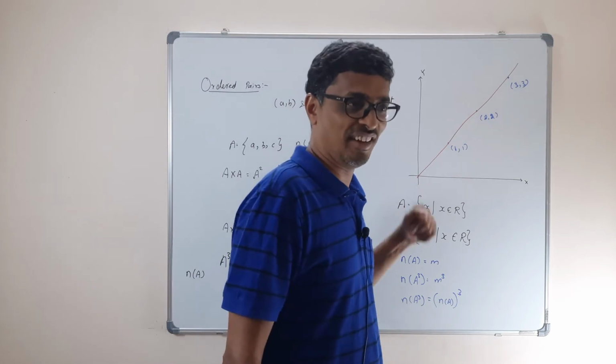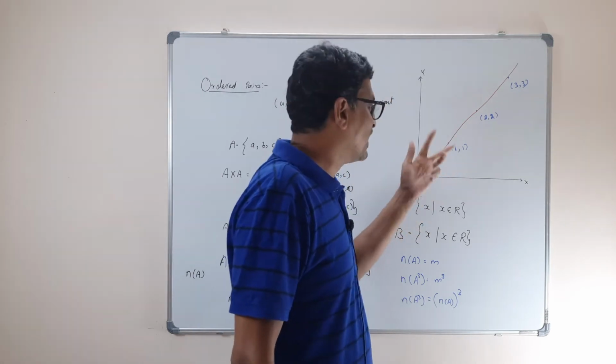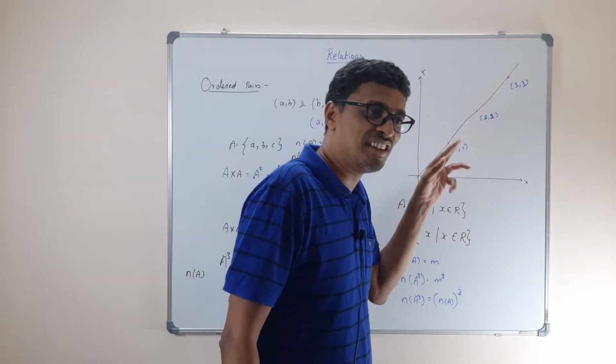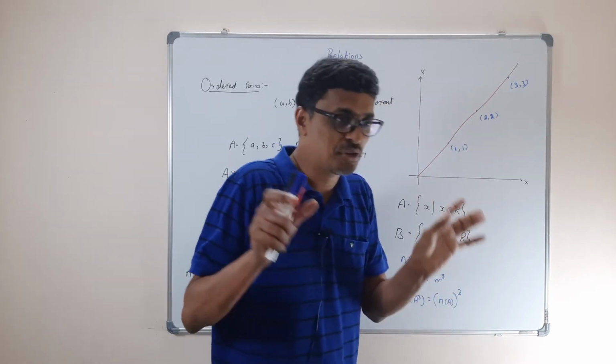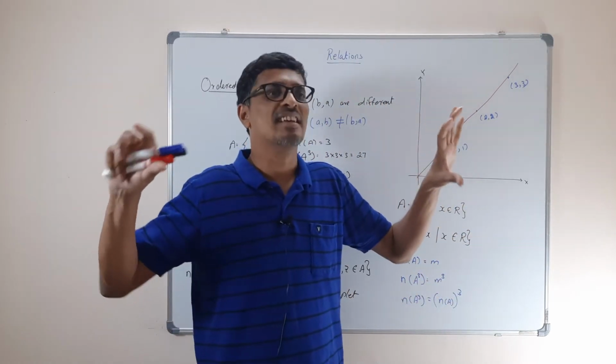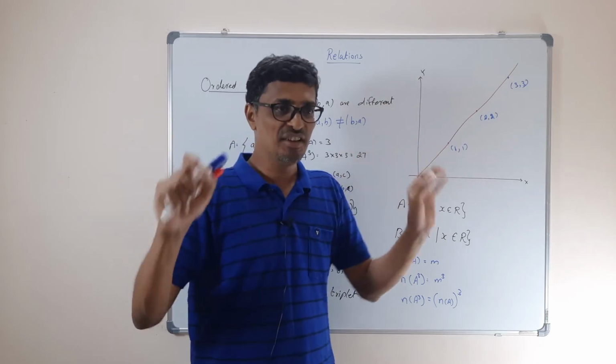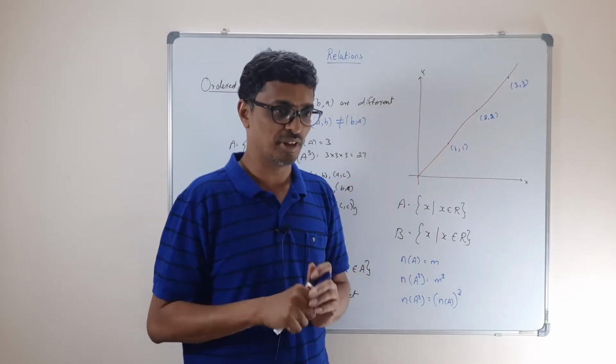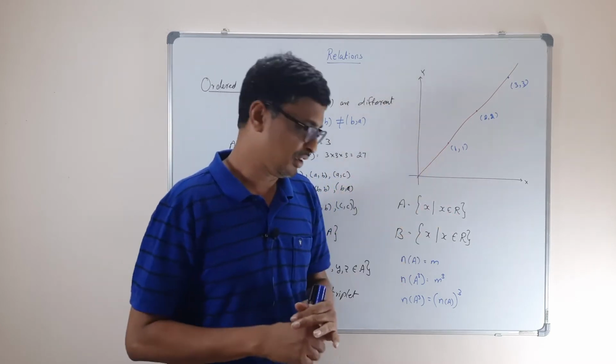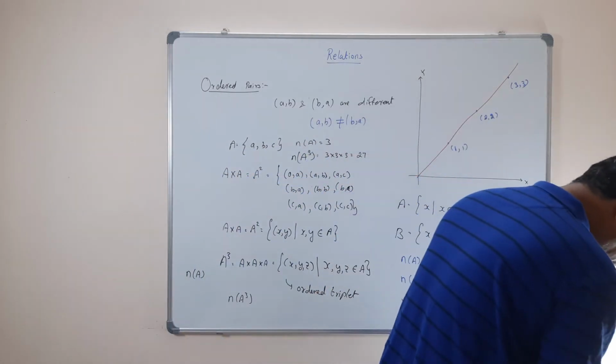They are not arbitrary, correct? They are related. So that's what you call the relation between the two sets. If two sets are somehow related, then this is what you call a relation between the sets.